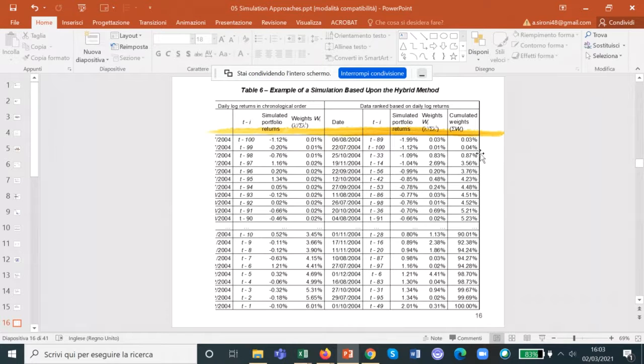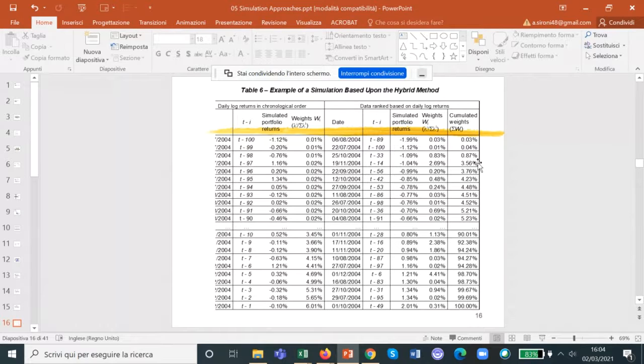That's very close to 1%, but not yet there. If we get to the next one, which is 1.04, the weight is very high because it is a very recent one, and therefore we get to a cumulated weight of 3.56, which is much more than what we want.